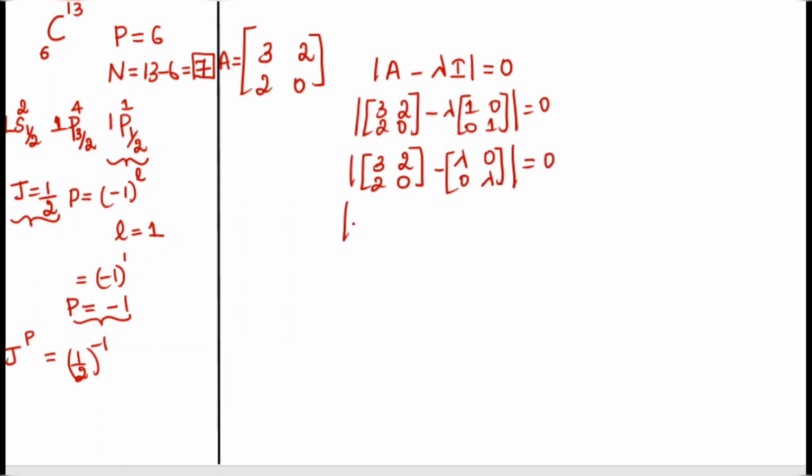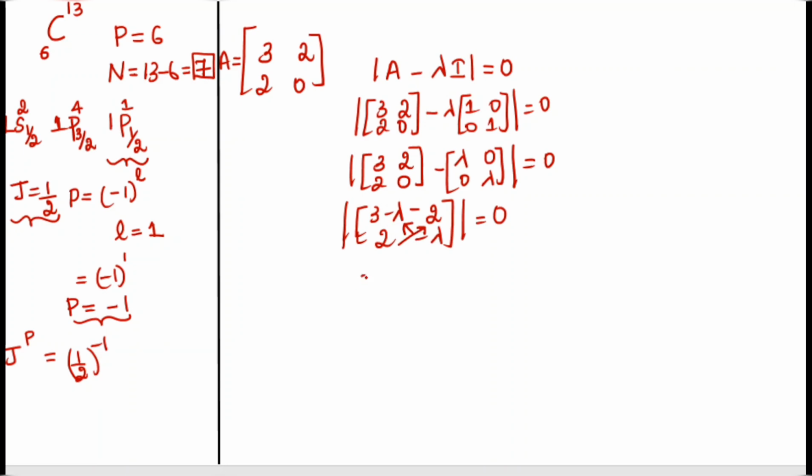So that is the determinant of the matrix 3 minus lambda, 2 minus 0 is 2, 2 minus 0 is again 2, 0 minus lambda is minus lambda. So I need to find the determinant of this matrix. How can I find the determinant? Multiply these two diagonal terms, multiply these other two terms, and subtract.